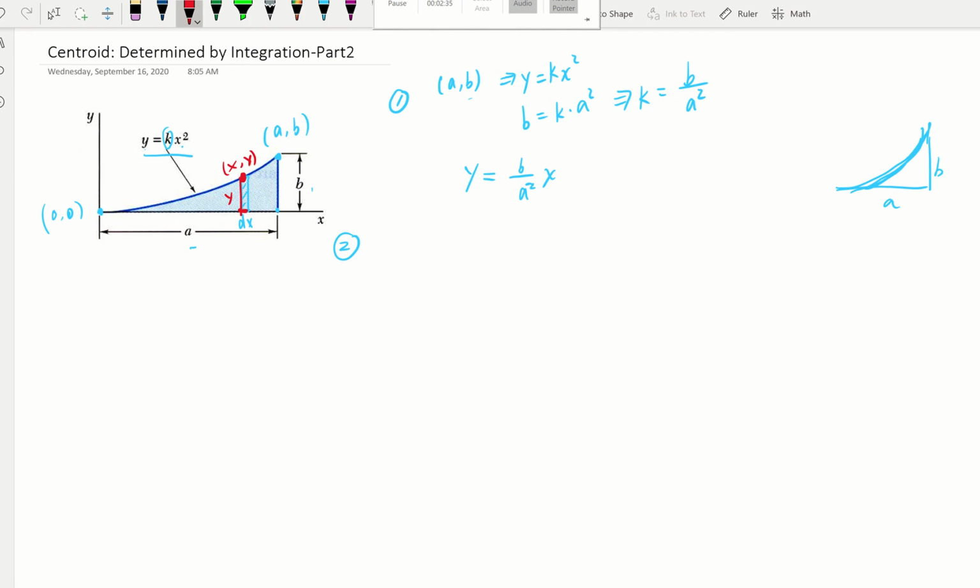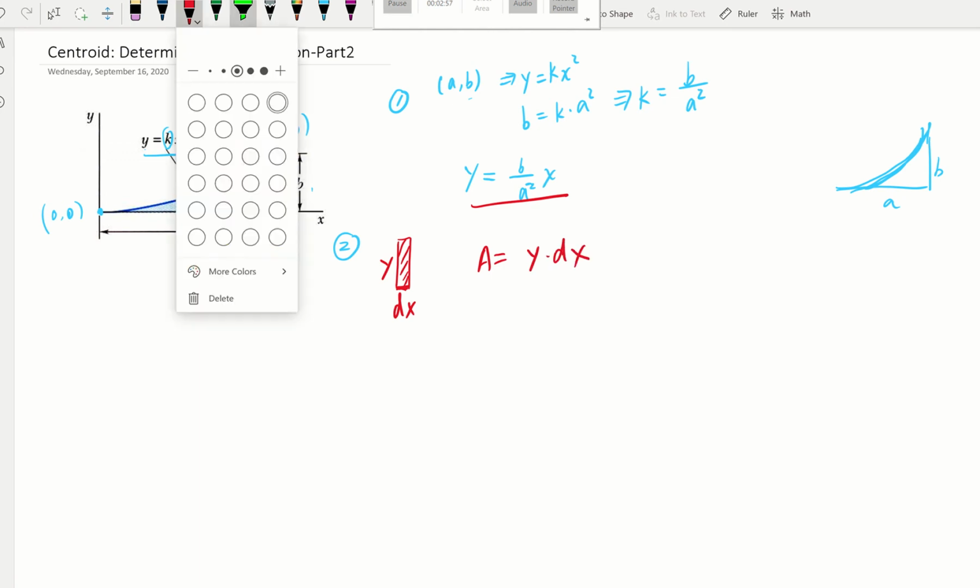X and y satisfy this equation right here. The width is dx, the differential element length, and y is the height. So the area is going to be y times dx.